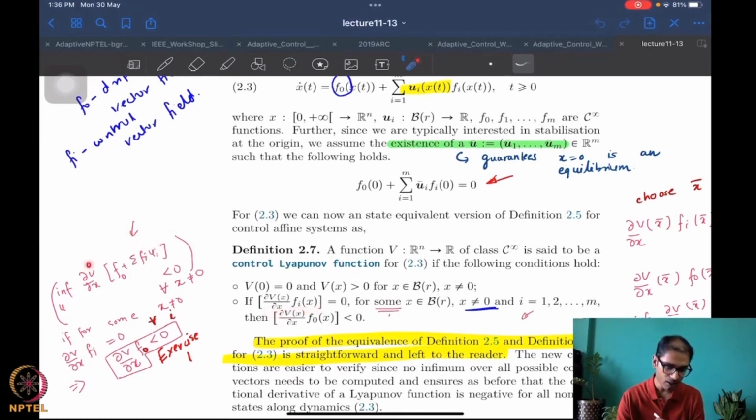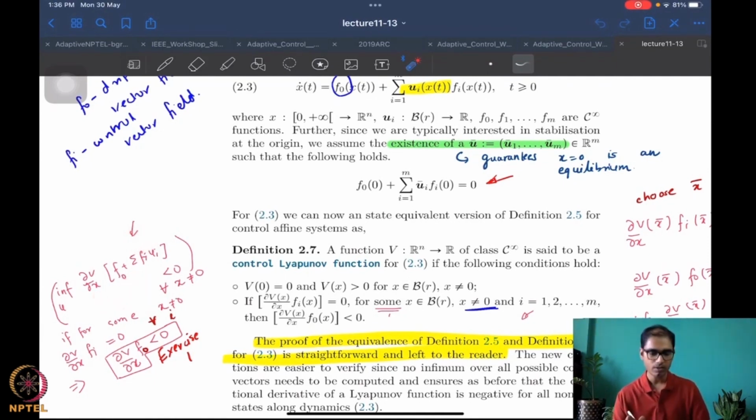And if all these control terms are 0 for a particular value of the state, then I want for sure that del V del x f_0 be strictly negative definite. So whenever x is such that the control terms become 0, I want the drift term to be strictly negative.